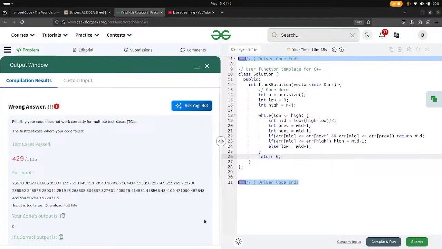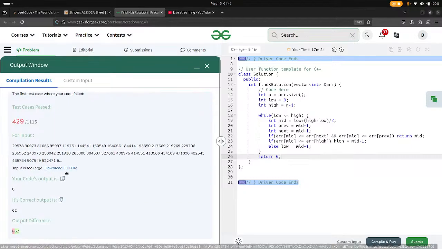Okay, I'm getting a failure: the code doesn't work with multiple test cases. The correct output is 62.